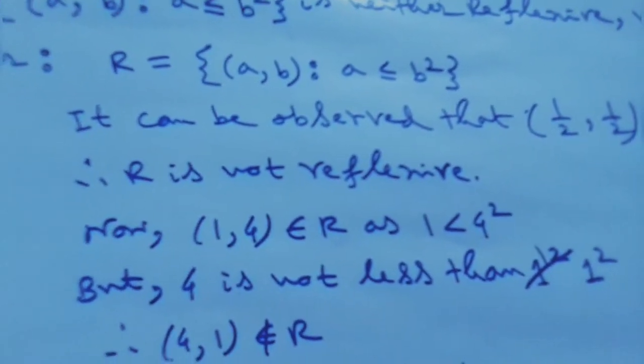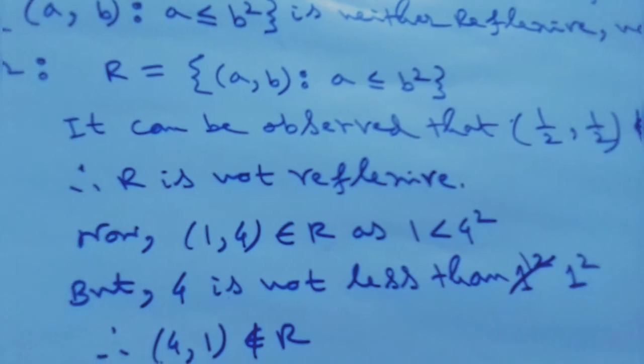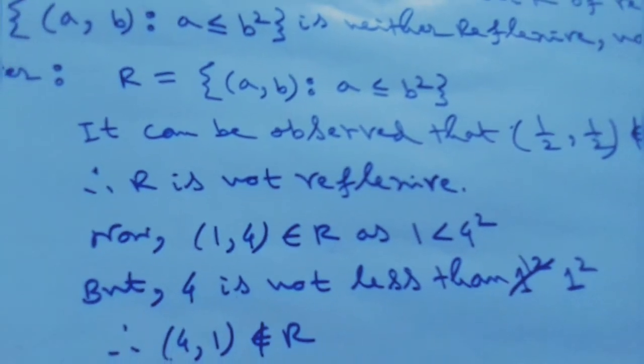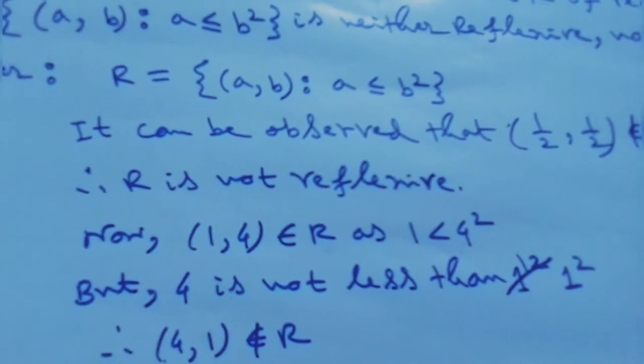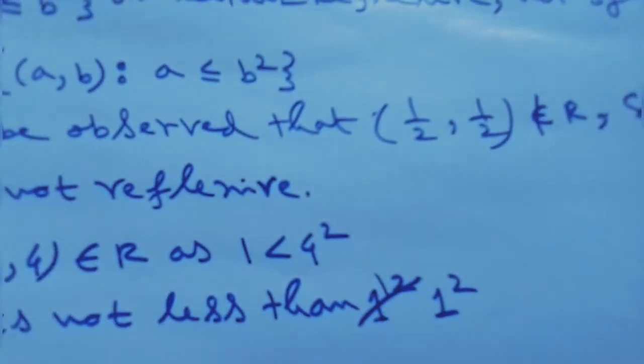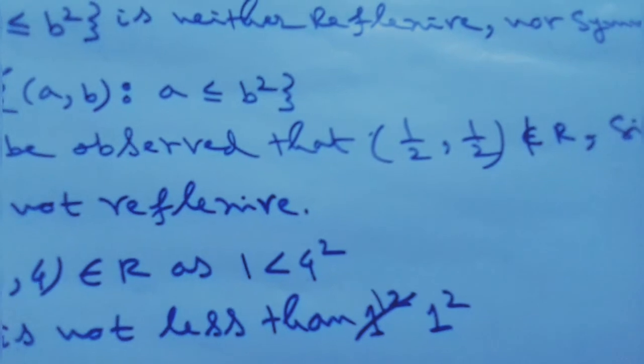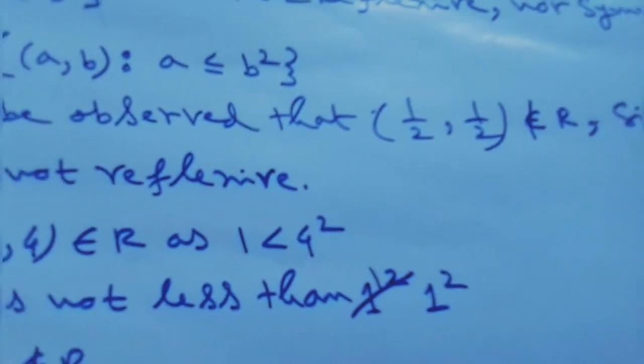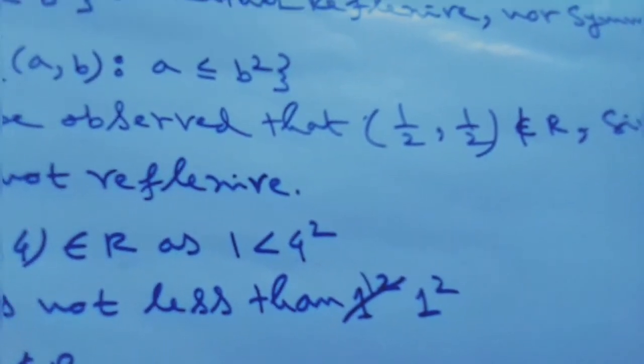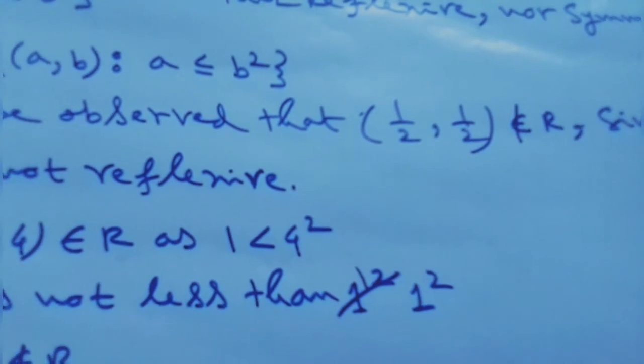Taking R as a set, R equals {(a, b) such that a is less than or equal to b squared}. It can be observed that if we take the element (1/2, 1/2) and check it, it doesn't satisfy this relation. That means 1/2 is not less than or equal to 1/4.